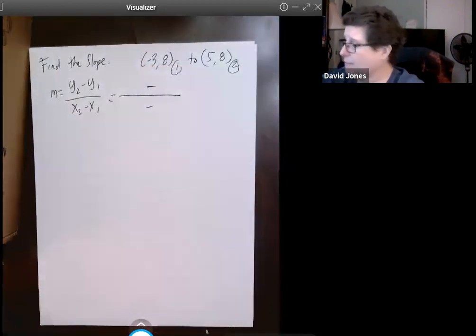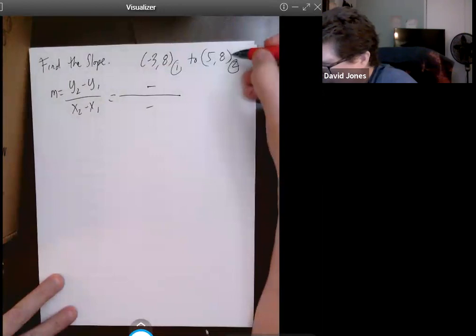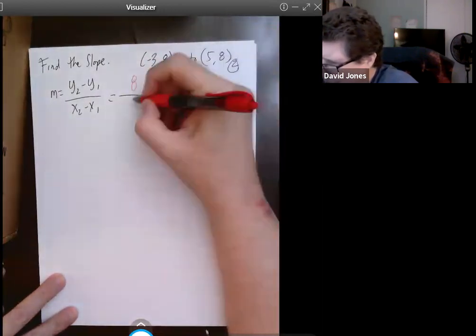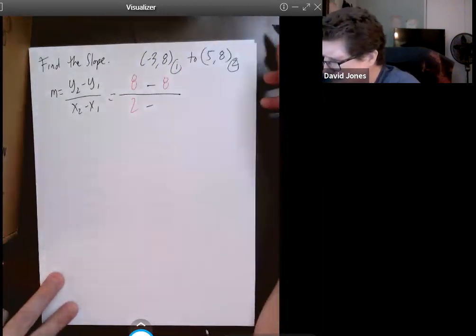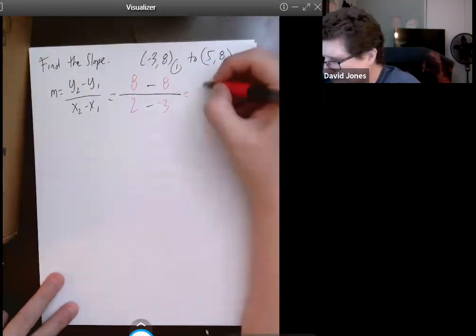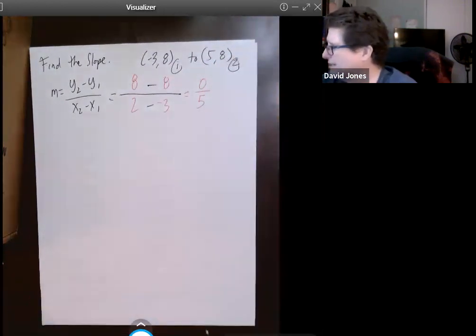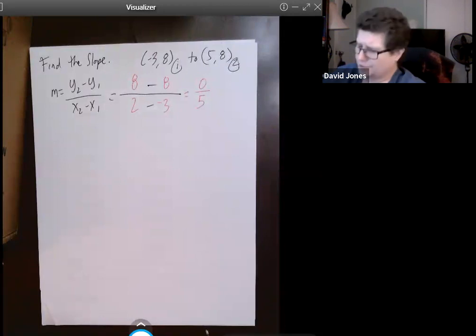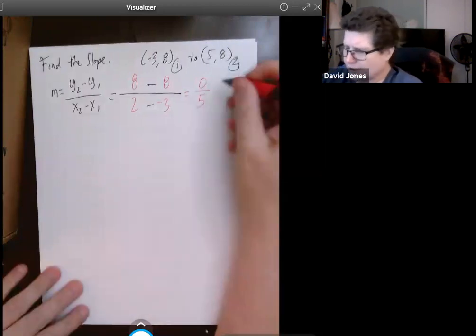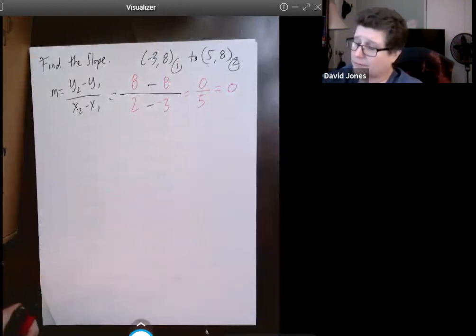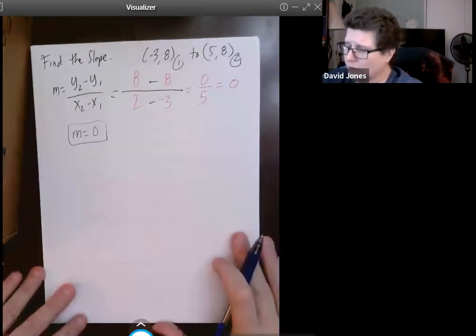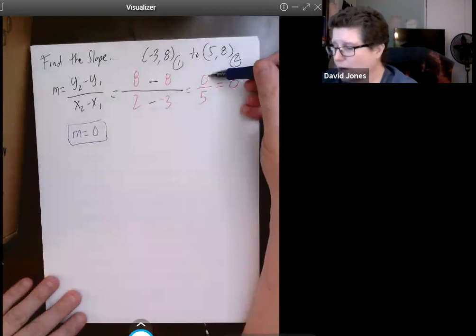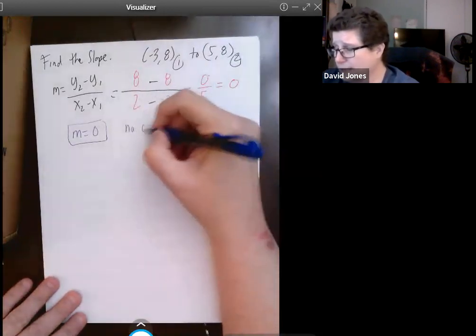I've got a minus sign on top and bottom like that. My y2 is 8 and my x2 is 5. My y1 is 8. My x1 is -3. I get 0 over 5. If you leave it like that, MATLAB is going to mark you as wrong, and I'm going to mark you as wrong too. 0 divided by 5 is 0. And recall, we have no change in y. No change in y means a horizontal line.